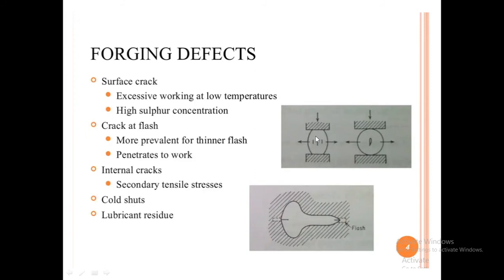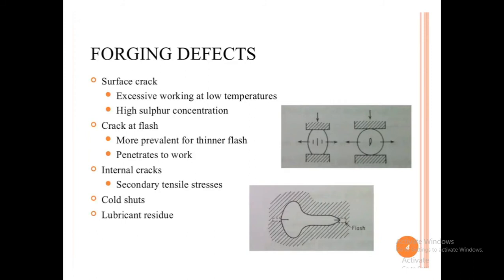The forging process is called a hot working process, which means the raw material is heated, and the operation is performed above room temperature. And if the working temperature is very high in the case of the forging process, then cracks will develop on the surface of the material, called surface cracks.